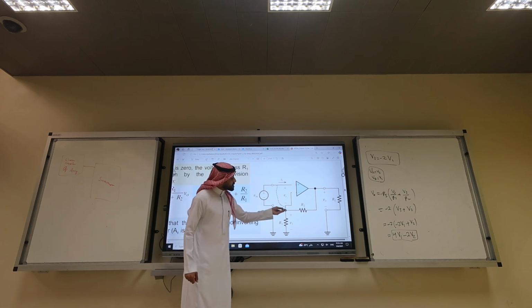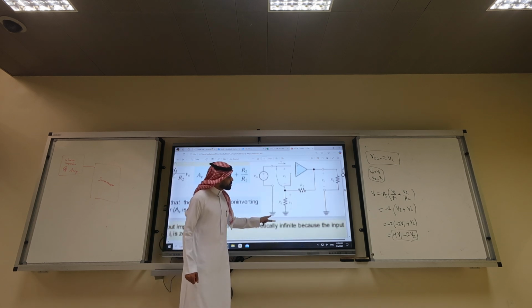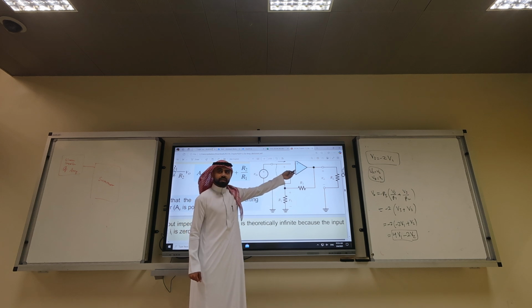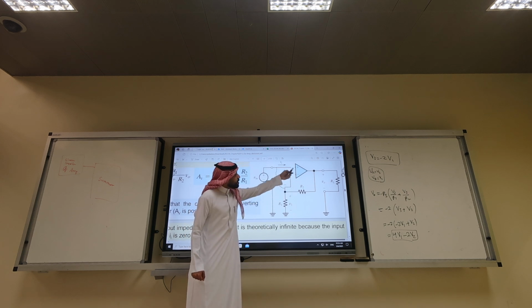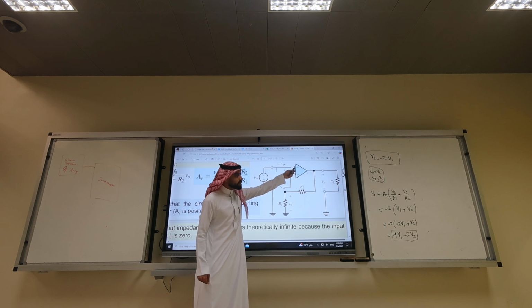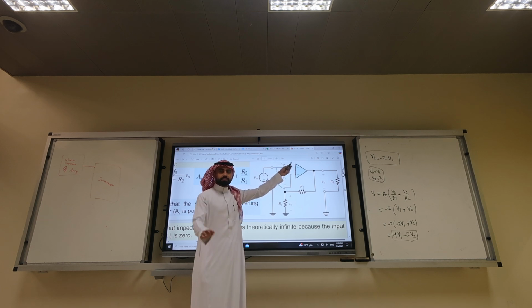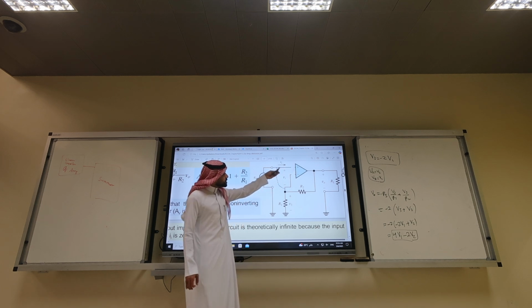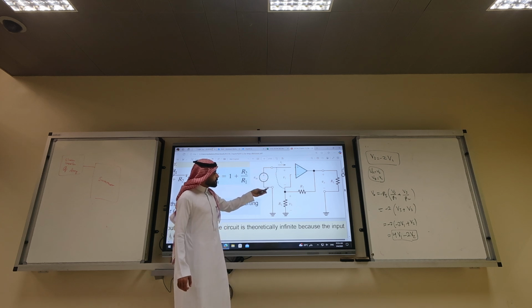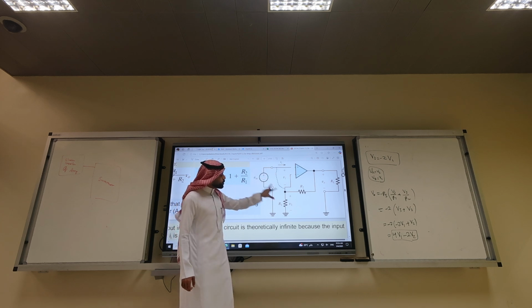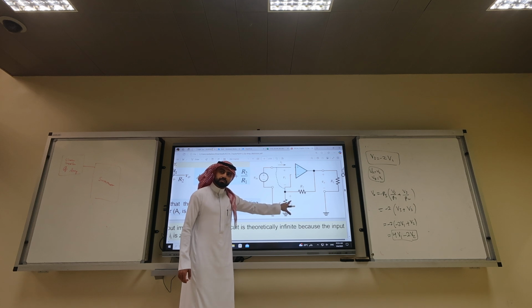Again, I'm asking you what's the voltage here? This is connected to the negative terminal, right? The negative terminal and the positive terminal have the same voltage. So what is the voltage at the positive terminal? V input. So V input would appear here. Get it?